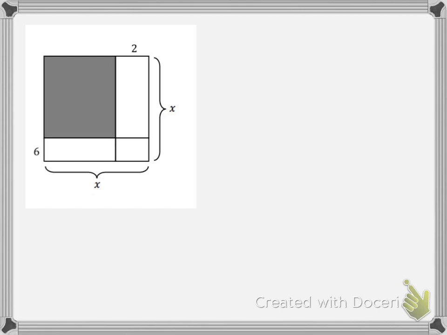Okay, so this one, again, we have two choices. We could just find the area of this one rectangle, or we could find the area of this entire thing and then subtract this rectangle and this rectangle. Which one do you guys want to do?